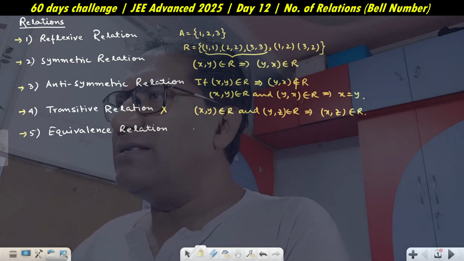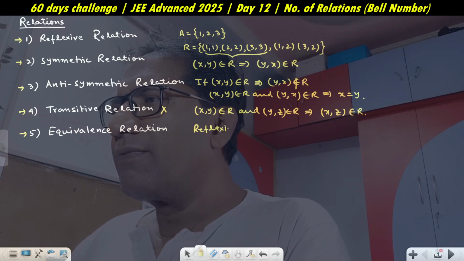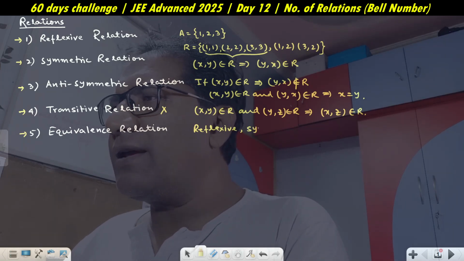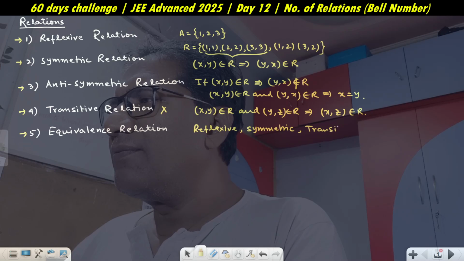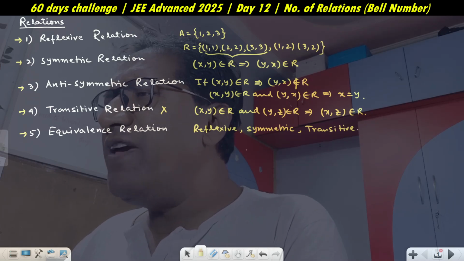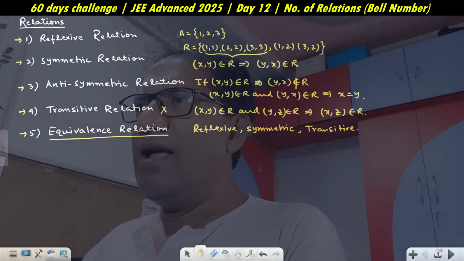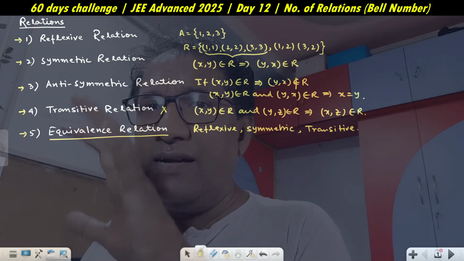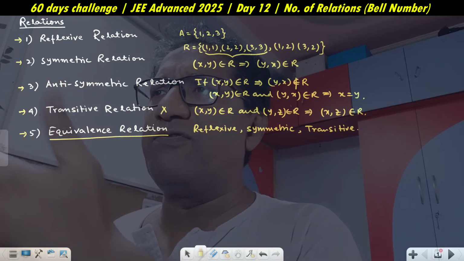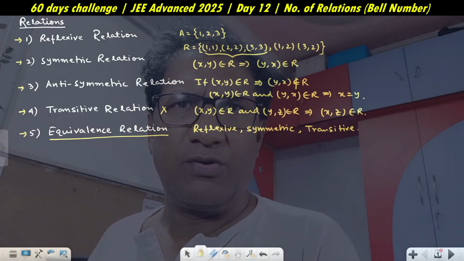If we find that a relation is reflexive, symmetric, as well as transitive, then we call that relation an equivalence relation, right? Now we will see how to find the number of reflexive, symmetric, anti-symmetric relations possible, right?